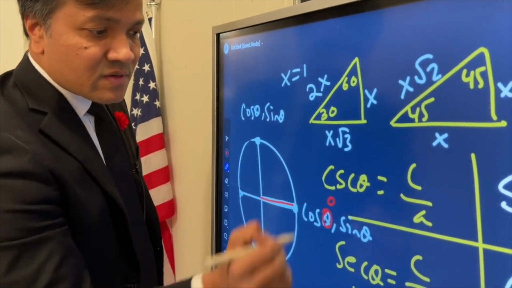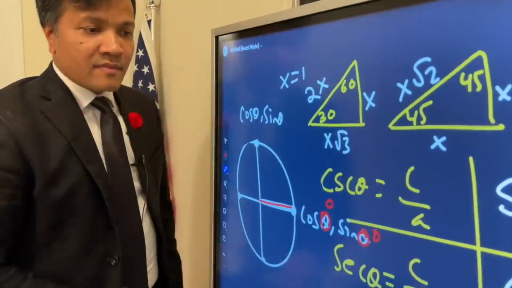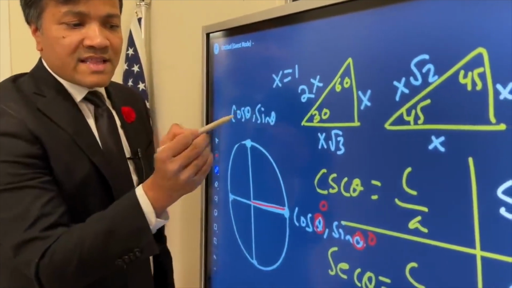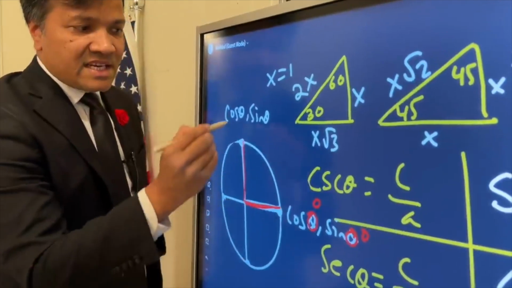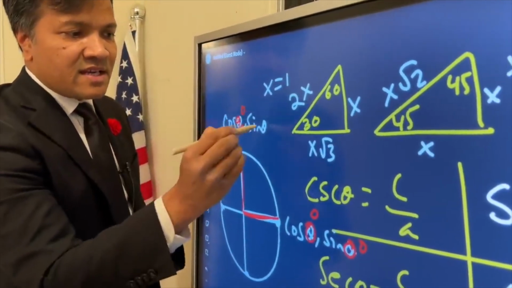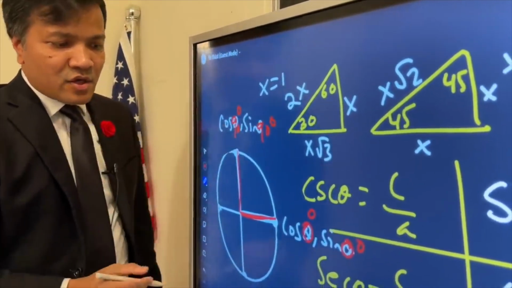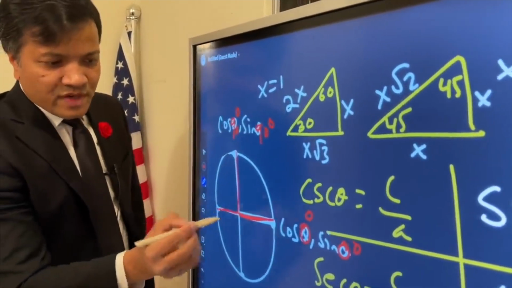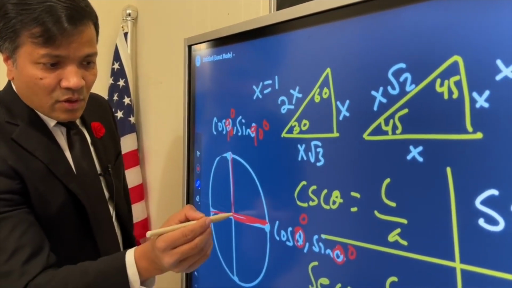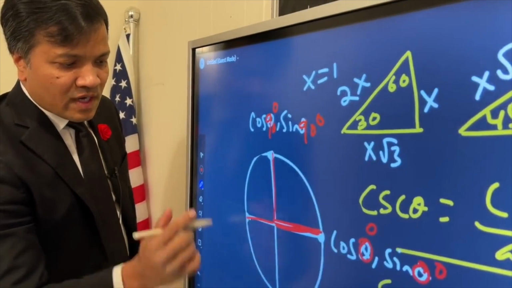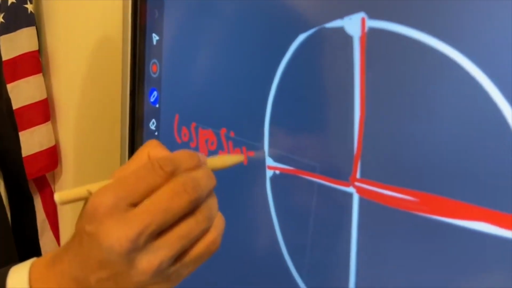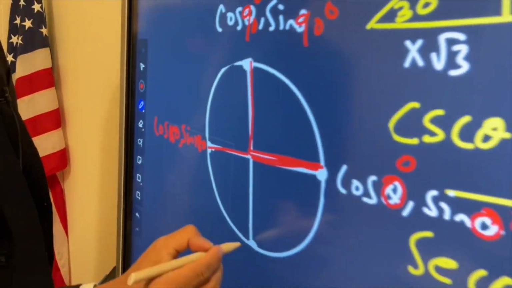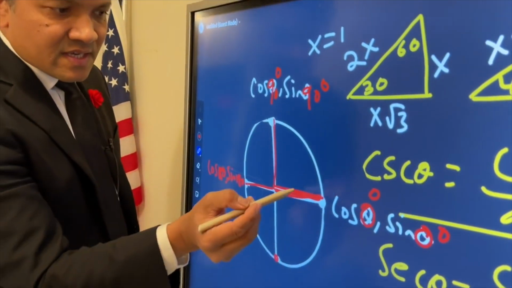So what is this angle with respect to this? 90 degree. So what is this one with respect to this? So 180. So cosine 180, sine 180. So what is this one with respect to this?